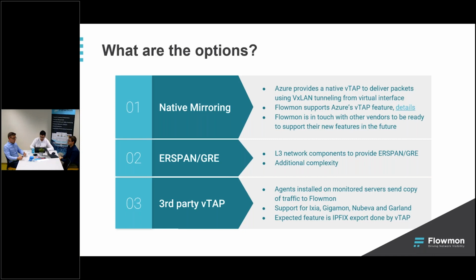It's based on agents, so you need to imagine a monitored server where you need to run a virtual tap or some agent which provides the copy of the traffic to the target which you configure. We have support for Ixia, Gigamon, Nubeva, Garland, and it works in different ways. Again, I will have some slides explaining more about this.